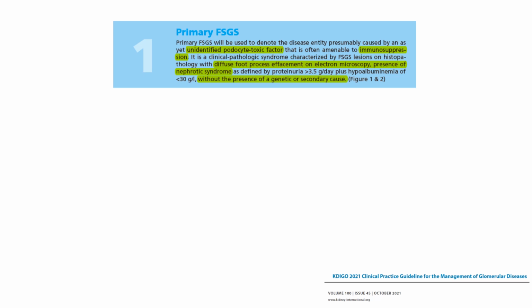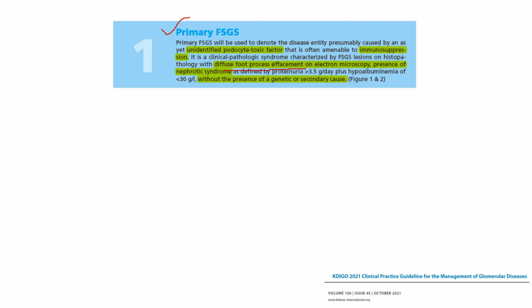The primary focal segmental glomerulosclerosis is a case in which there is an unidentified podocyte toxic factor that will affect the podocytes, causing diffuse foot process effacement that can be seen on electron microscopy.